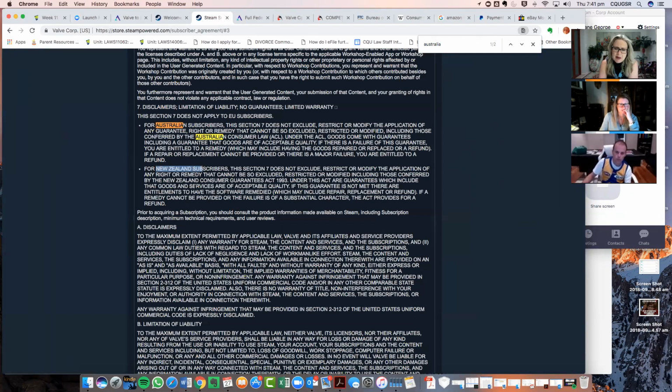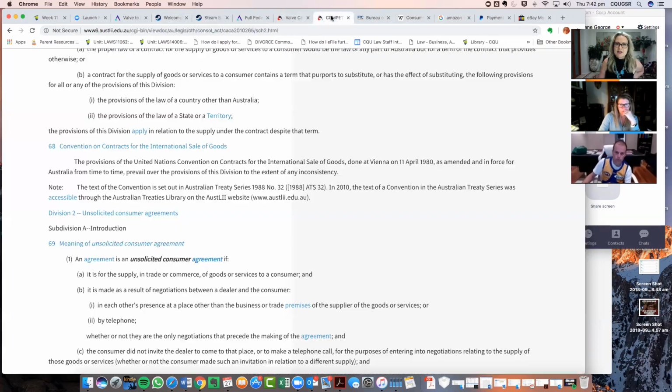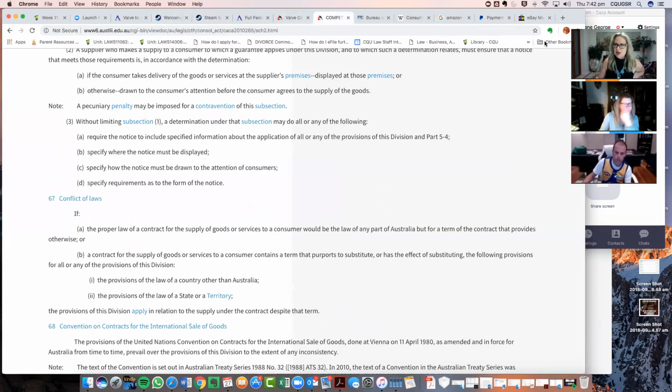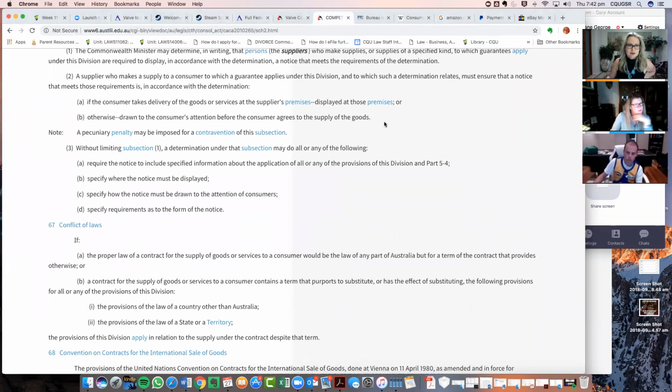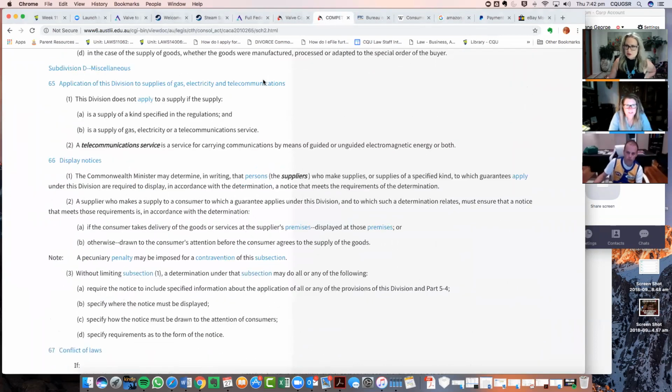One of the interesting parts of the decision puts a little bit of a brake on things going full speed ahead so far as the ACCC is concerned. Sorry, just to digress for a second.